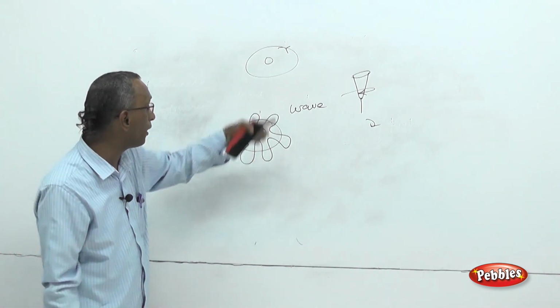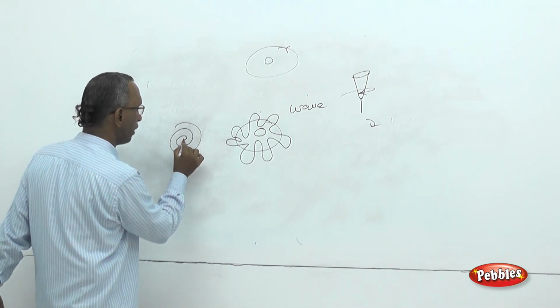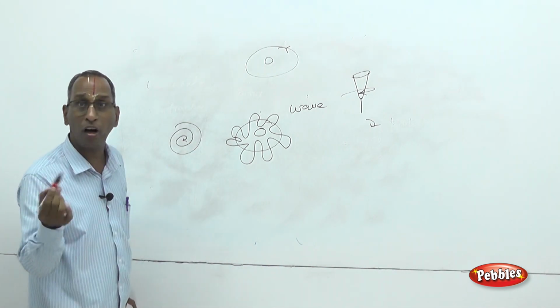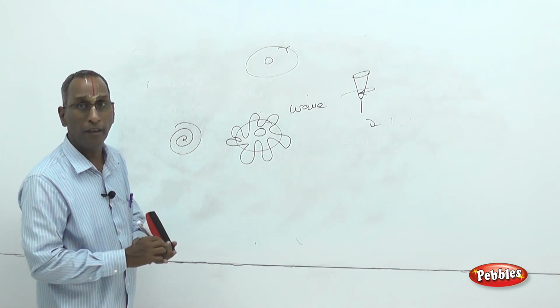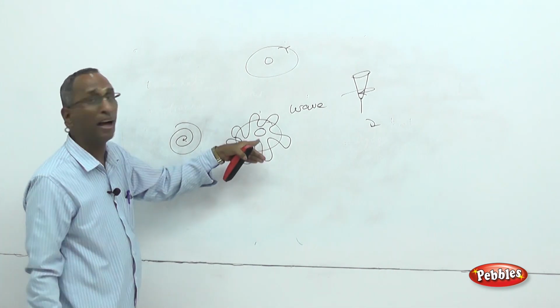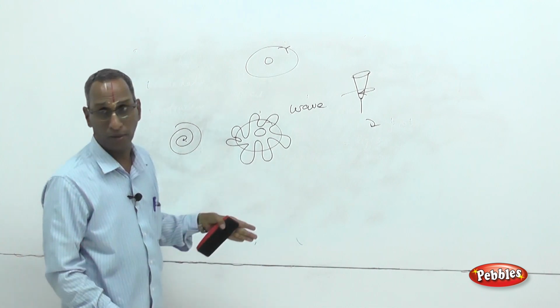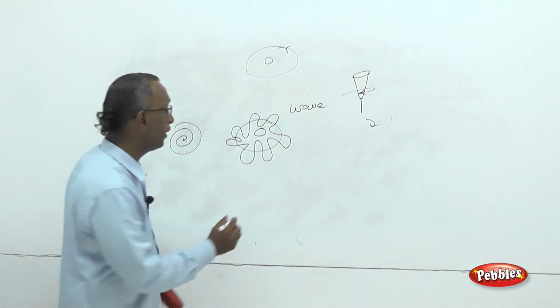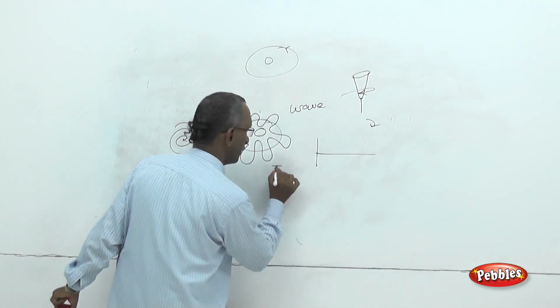Then only they can revolve. If they are not spinning, they have to lose energy and come to the nucleus. It is not actually taking place. Electrons are not falling into the nucleus, which indicates that their movement is only with a certain wave motion or circular motion.